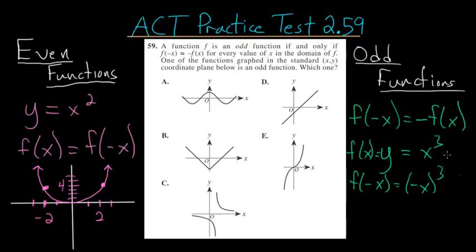When you evaluate this, you end up with minus x cubed. So putting f of minus x into our function, we get back the opposite of what we started with, since we started with x cubed and we got back minus x cubed. This is essentially the hallmark property of odd functions.